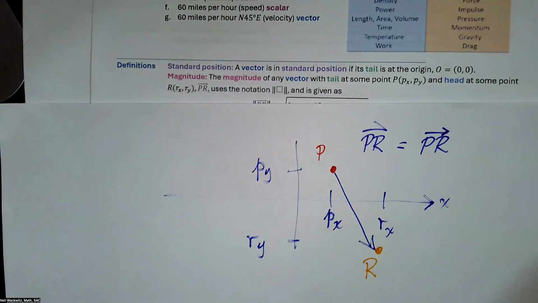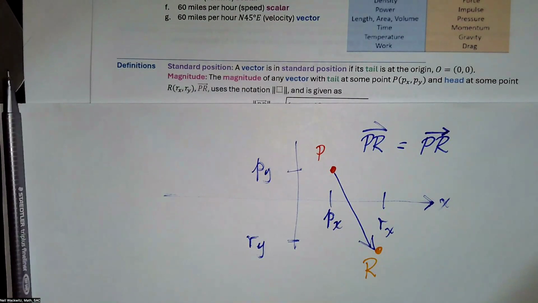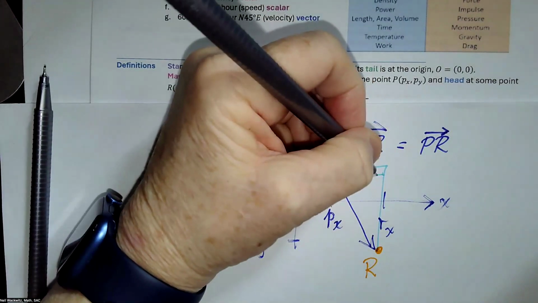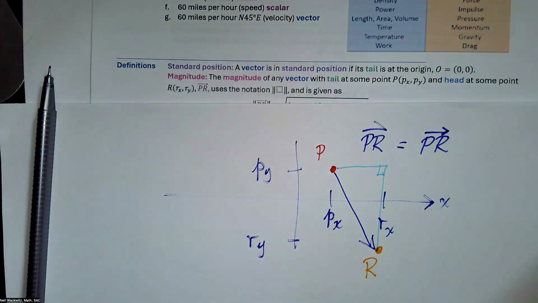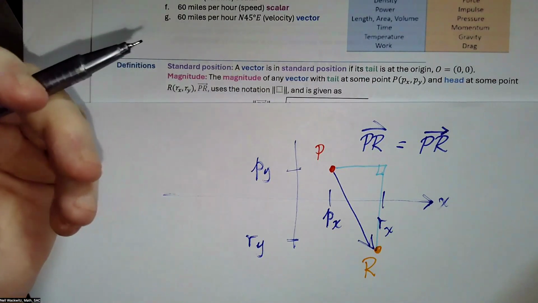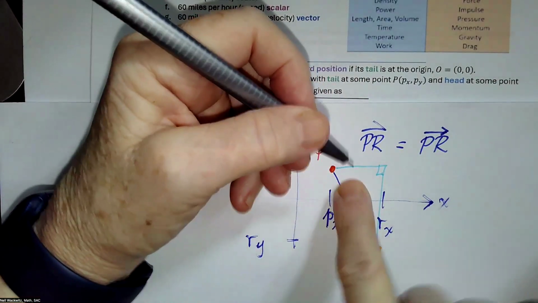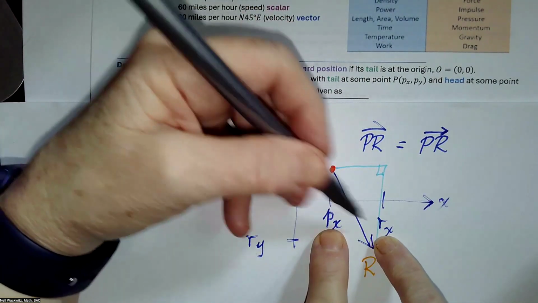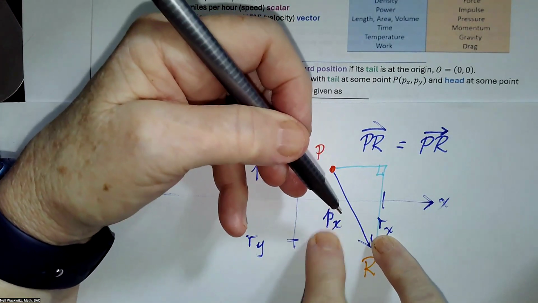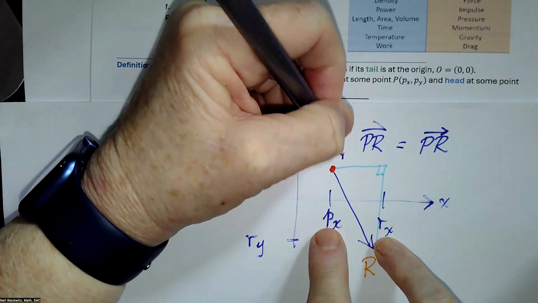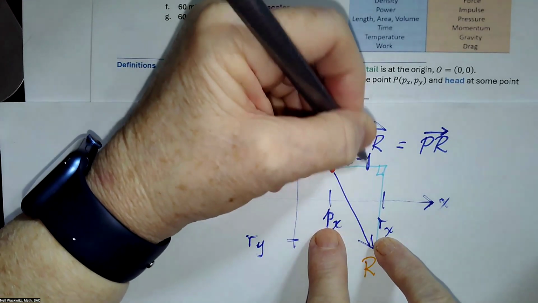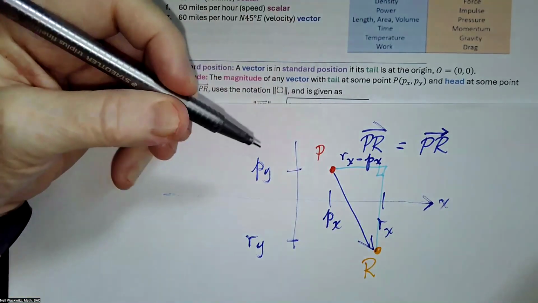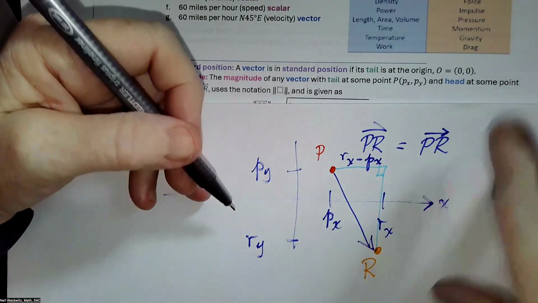And if we draw a triangle, I can see that this horizontal distance is the distance between P sub x and R sub x. So R sub x minus P sub x. And I can see that the vertical distance is P sub y minus R sub y.